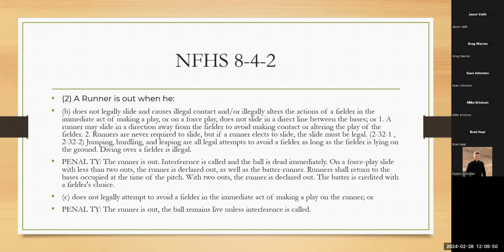So our mind reading is: did they do any type of action to attempt to avoid, as in slow down, crouch, legally slide? If they don't do something to show us that, that gives us the mental aspect that they attempted to make malicious contact.